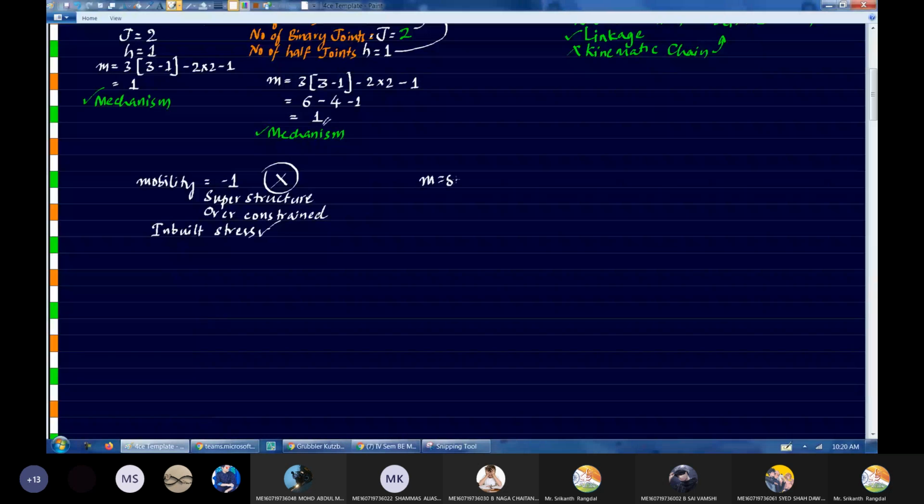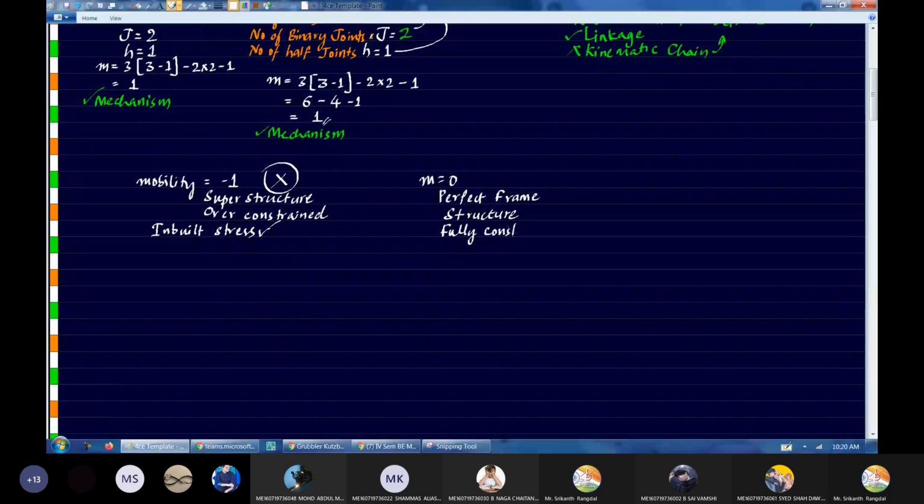So if mobility value is 0, that is called a perfect frame, or we can just call it a structure, or it's called fully constrained.